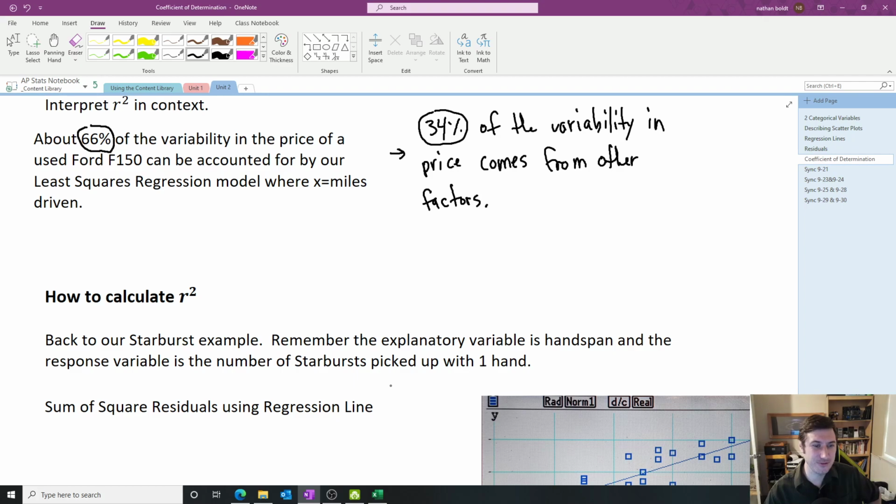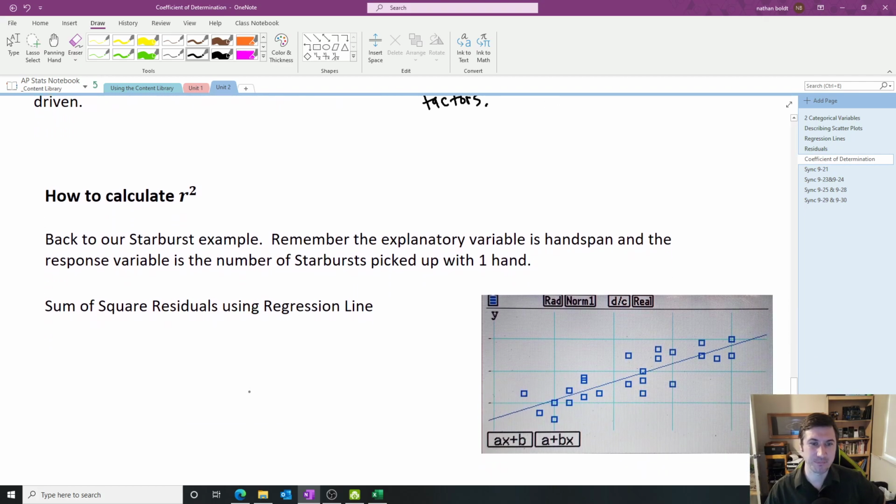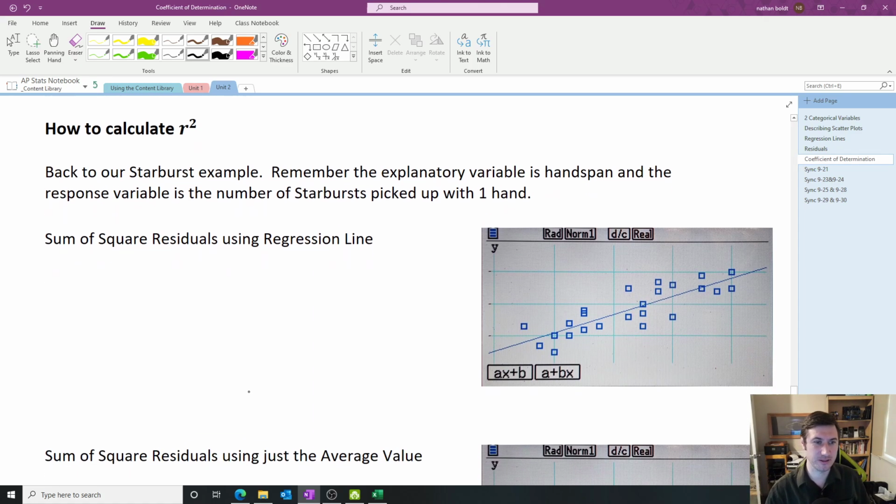Back to our Starburst example. So remember, the explanatory variable is handspan, and the response variable is the number of Starbursts they were able to pick up with one hand. So the first thing we do to calculate r squared is we find the sum of the squared residuals.